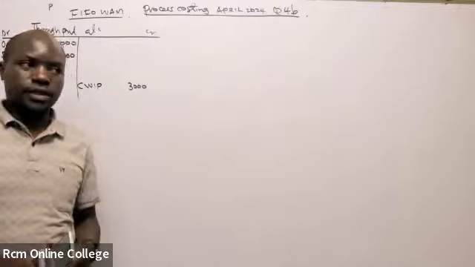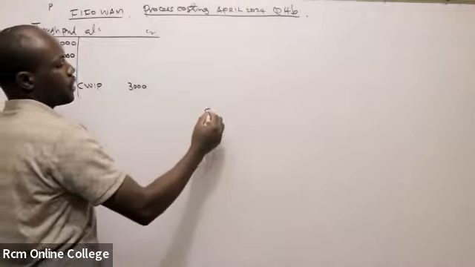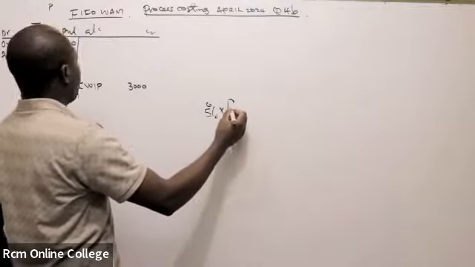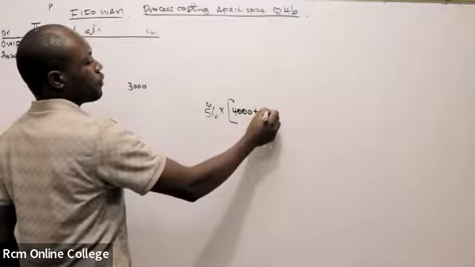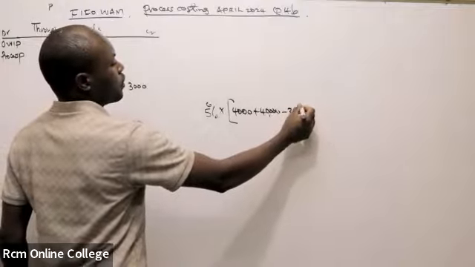With the work in progress, we expect the 5% normal loss to be of opening work in progress of 4,000 plus input of 40,000 minus closing work in progress of 3,000.